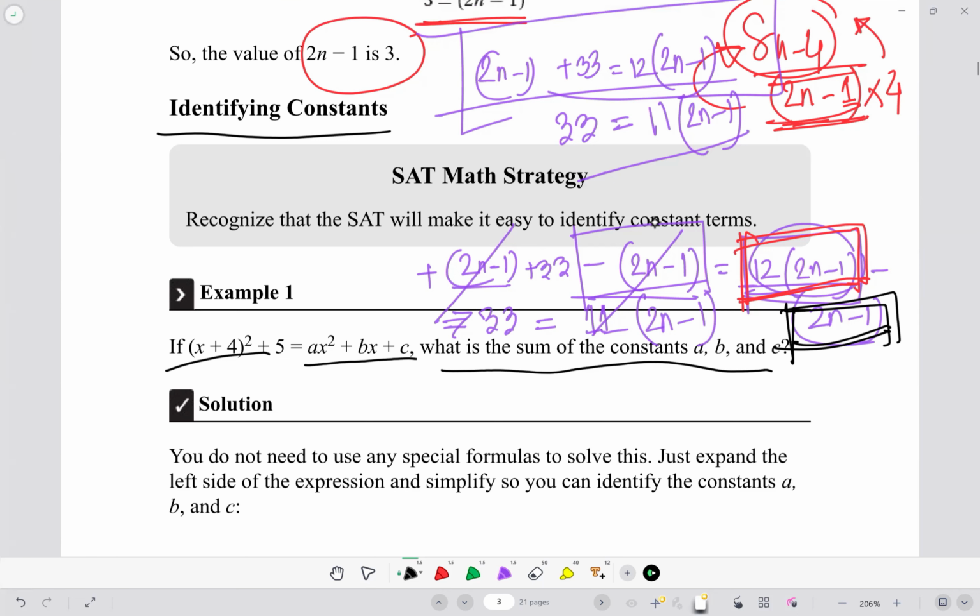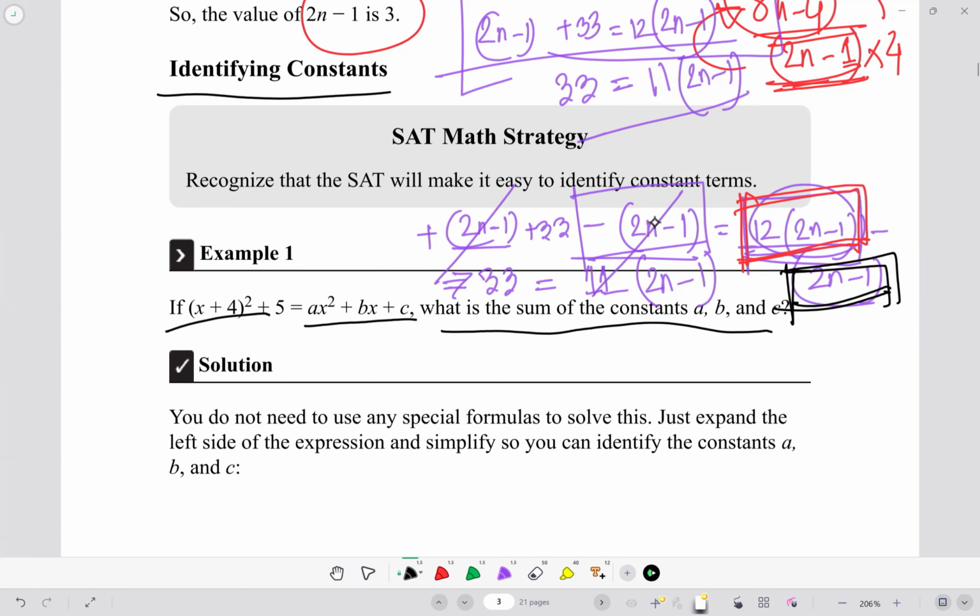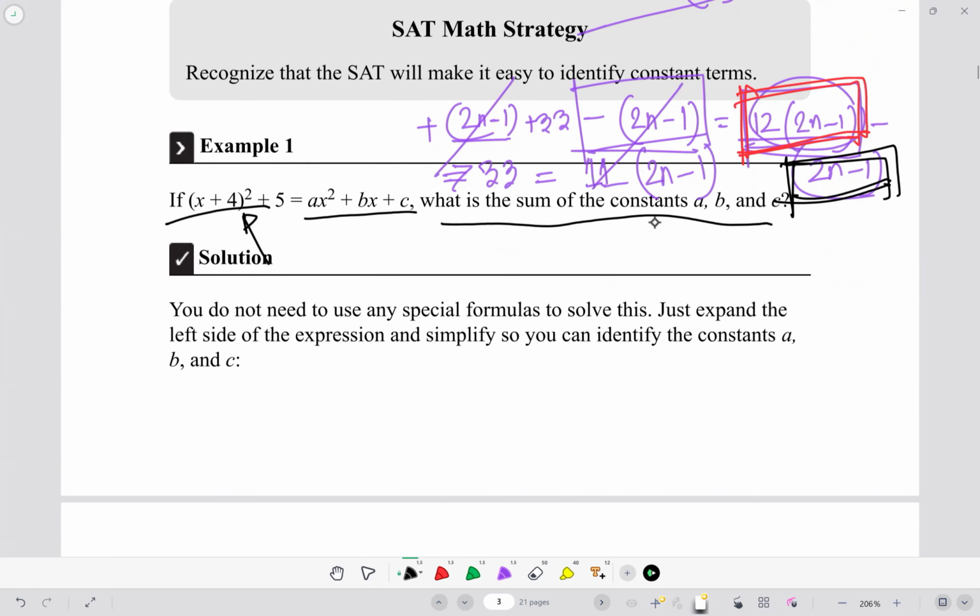What is the sum, a plus b plus c? So the thing that we need to do is simplify this polynomial. Just be a little bit concentrative. Just (x plus 4) whole squared plus 5, right?